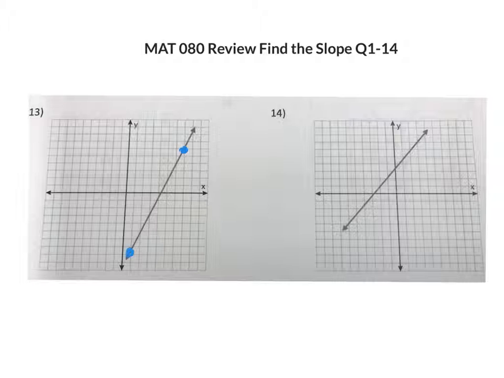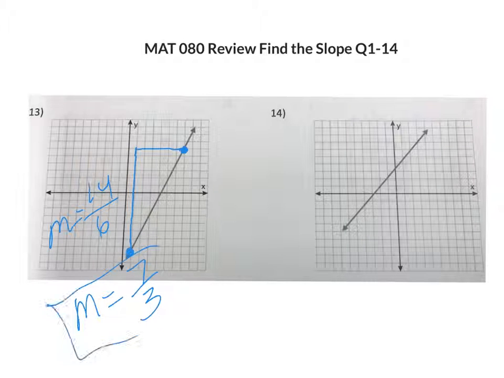So we're going to rise 1, 2, 3, 4, 5, 6, 7, 8, 9, 10, 11, 12, 13, 14, and run 1, 2, 3, 4, 5, 6. 14 over 6 can simplify to 7 over 3 if you divide them both by 2. Now the line is going up, it's inclining, so it's going to be a positive slope.